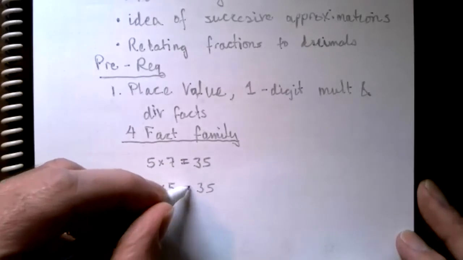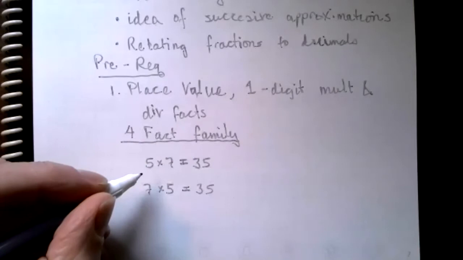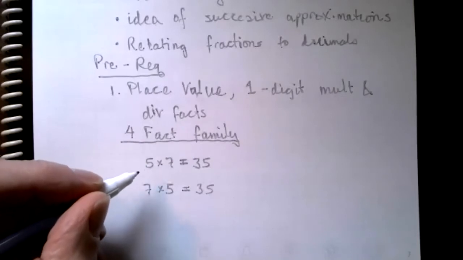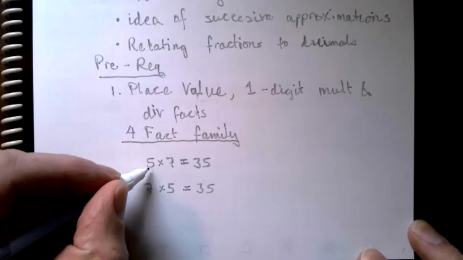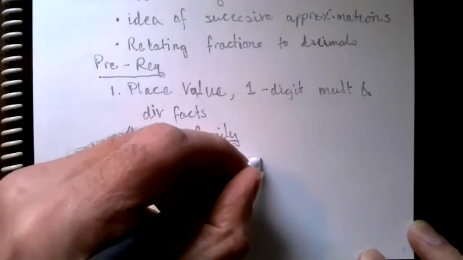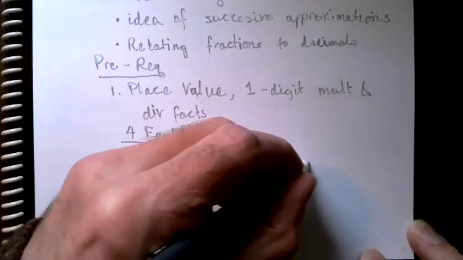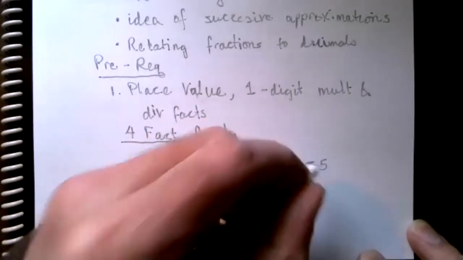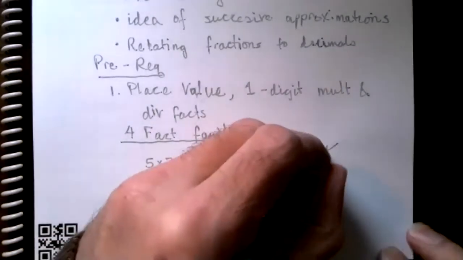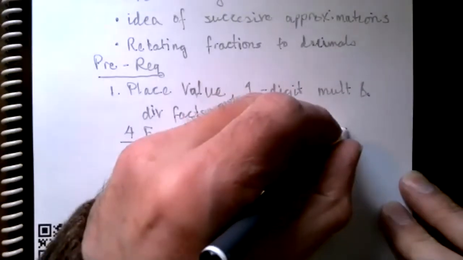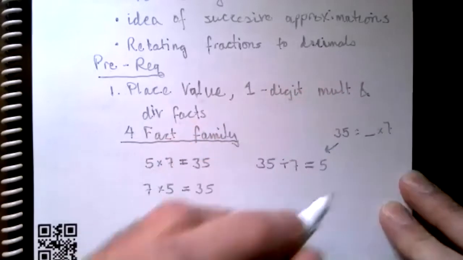Now, this isn't necessarily part of the long division algorithm. This is the kind of thing you need to know for the long division algorithm. But this multiplication fact is equivalent to 35 divided by 7 equals 5. If we think about division as the missing factor, 35 equals blank times 7, right?